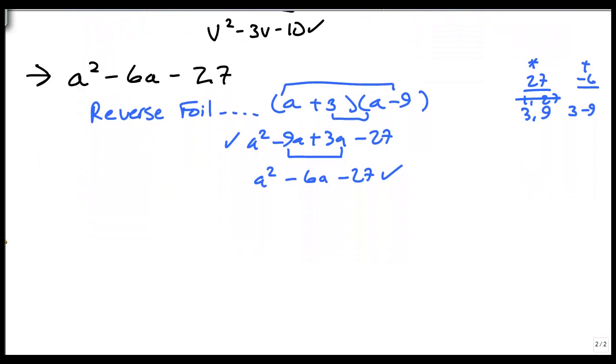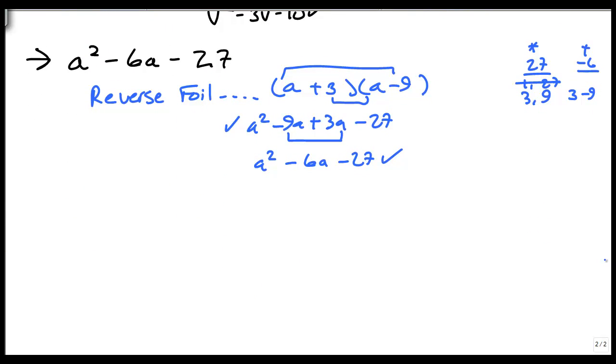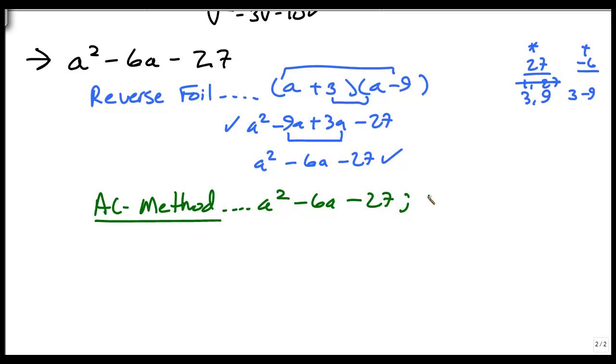So let's go ahead and do the same problem using the AC method. For those of you who are used to the reverse FOIL, you can watch along with the AC method if you would like. Now the AC method is nice because sometimes with the reverse FOIL, it's kind of hard to come up with the correct combination. The problems we've done so far have been pretty easy.